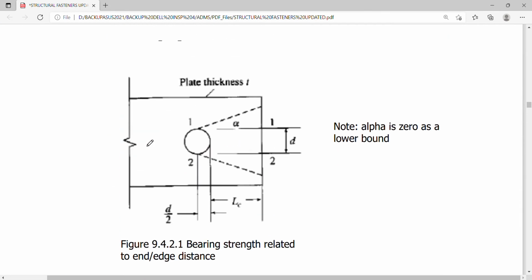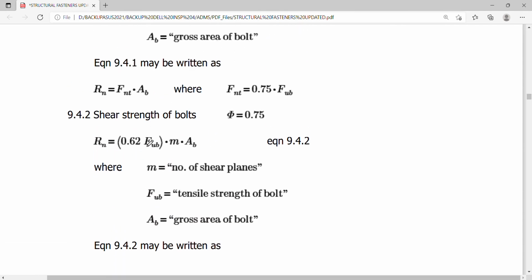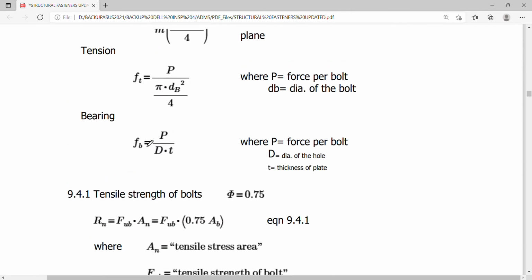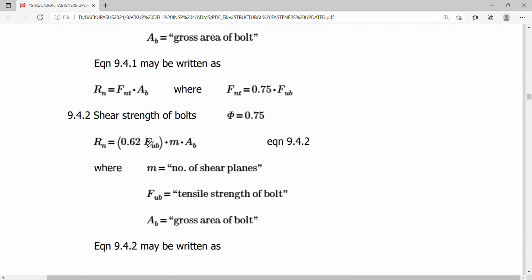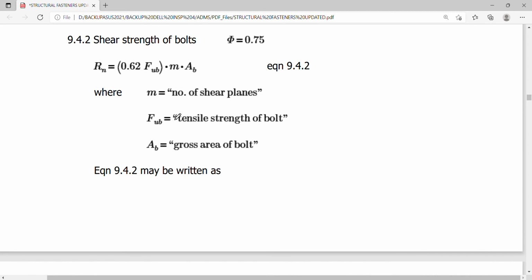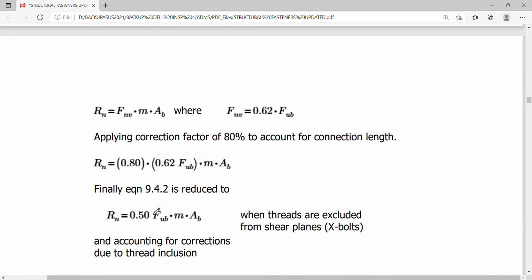For the shear formula, I'd like to go back to the shear formula of 0.5. This is tensile, this is shear. This is the one that I was talking about earlier, wherein there's no reduction in the bolt because the threads are not included in the area.